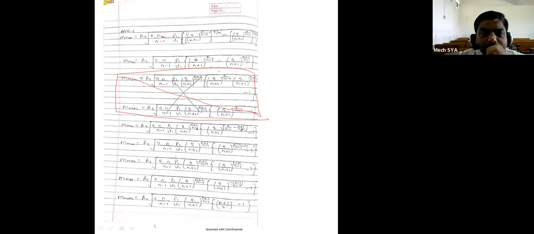As the minus sign is there, minus 1 means this side.